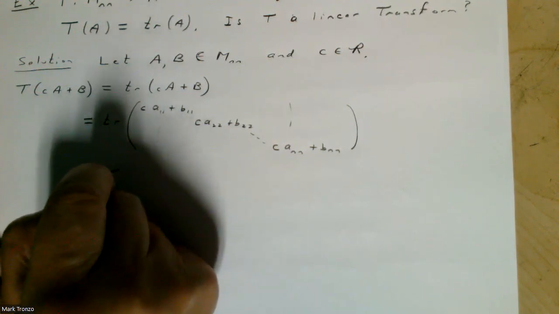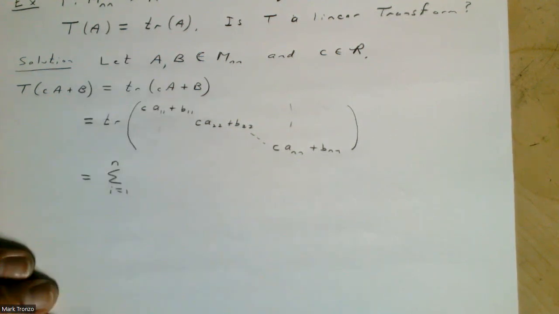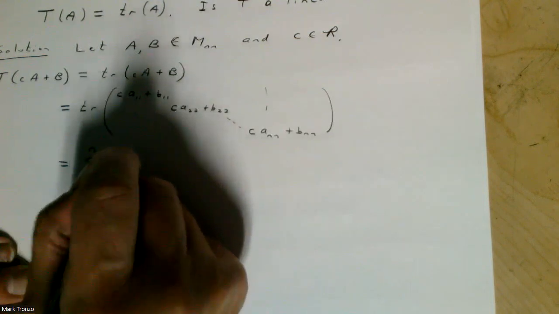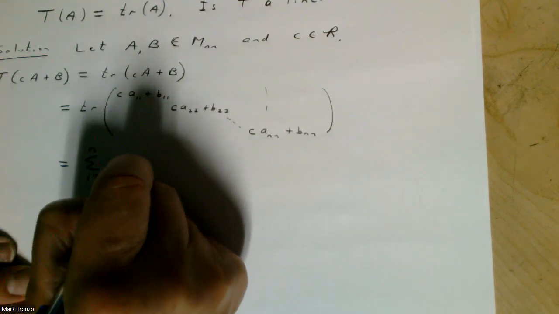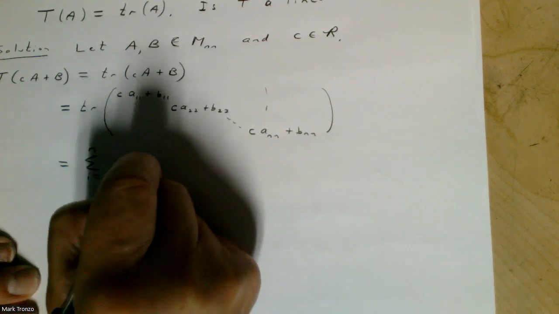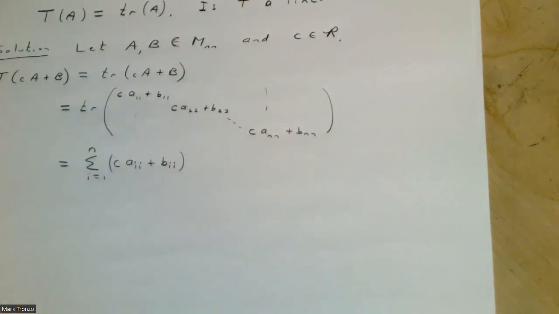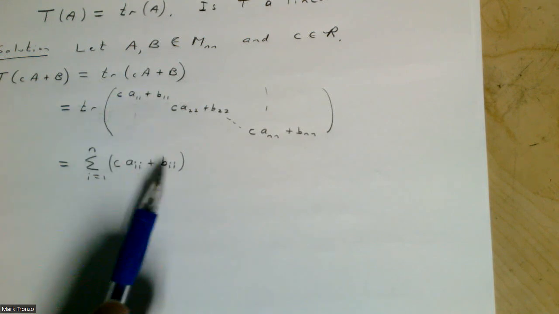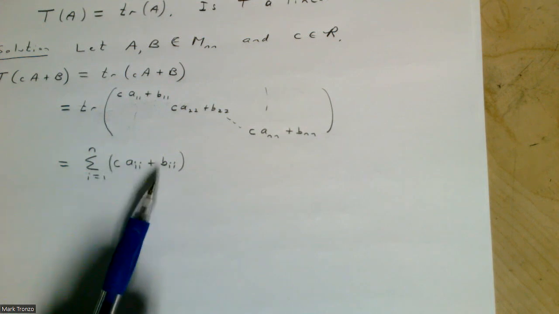And so that's going to be the sum from i equals 1 to n, just of the diagonal elements here. And so that's going to be cAii plus Bii, because again, those central elements always have the same two indexes.